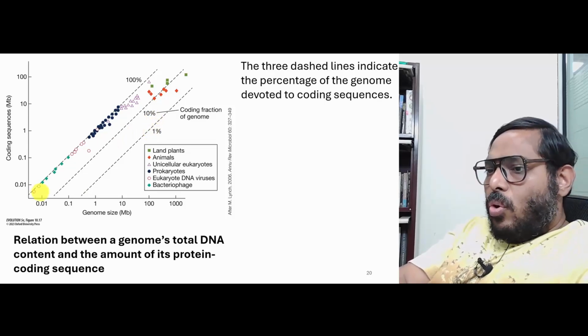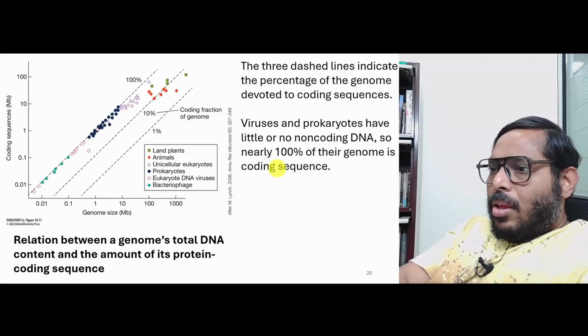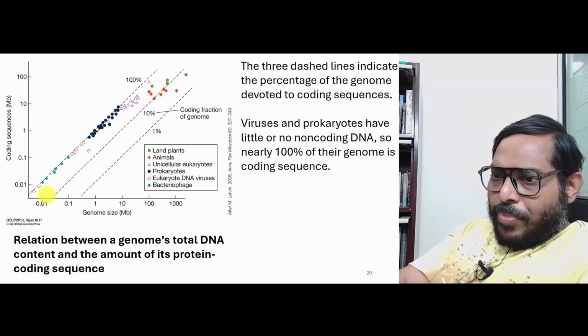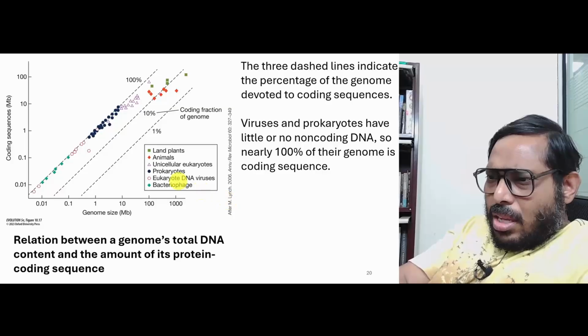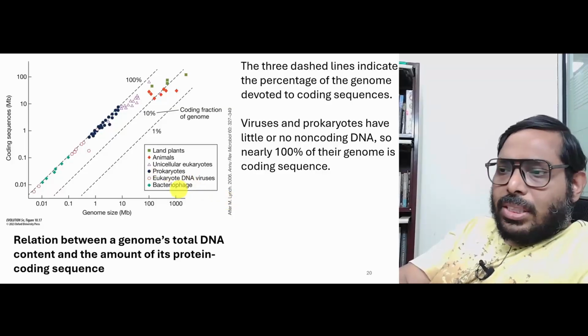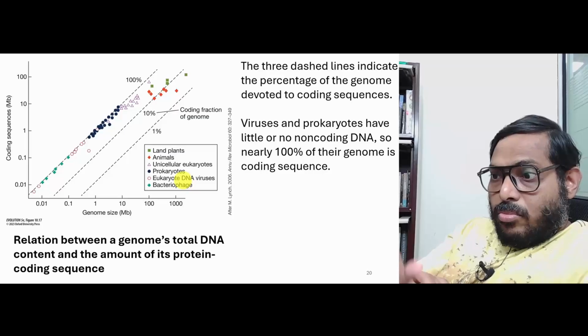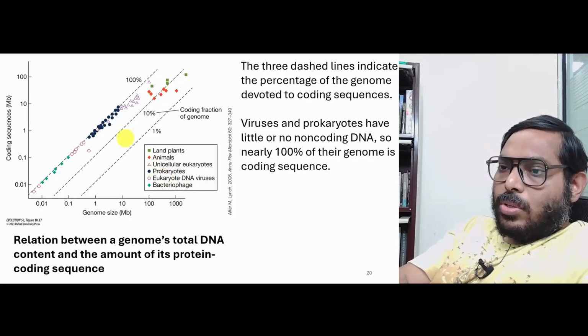Okay. So, note what is happening over here. If you look at this legend, you realize that these are the ones which have 100% coding sequence. Who are these? These are the bacteriophages, the eukaryotic DNA viruses, which are viruses that affect the eukaryotes, and these are the prokaryotes.